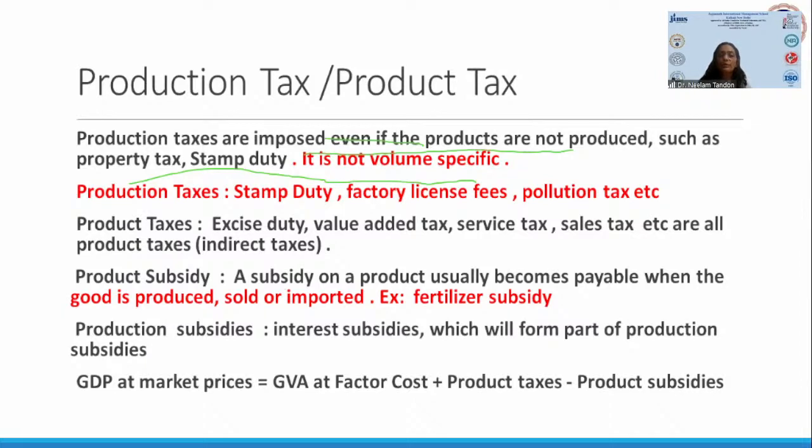You have to pay factory license fees when you want to establish a factory. You have not started production yet, but you have to pay factory license fees because you are entering a particular segment. These are production taxes. Stamp duty and property tax and others which you have to pay are all production taxes. So I hope you differentiate between production taxes.